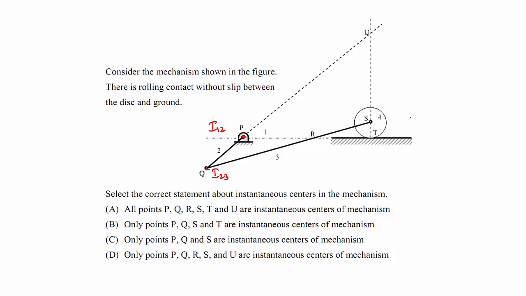And this center will be I34, and I14 will be somewhere along this line. That is the contact between link 1, the fixed surface, and this, so this will be I14, right? And next will be I23, yes.